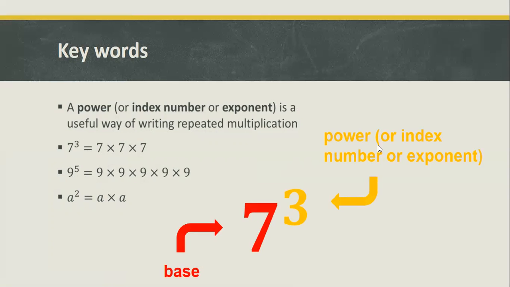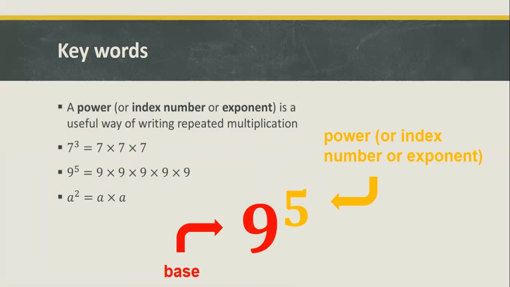Take a look at this number: 7 raised to the power of 3. The base here is the 7, and the power, or index, or exponent is 3, as you can see here. The next is 9. 9 is our base here, and the index is 5.